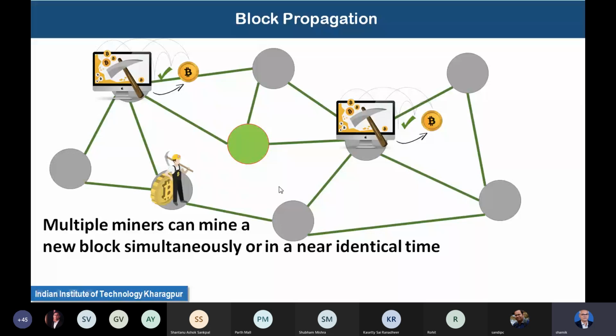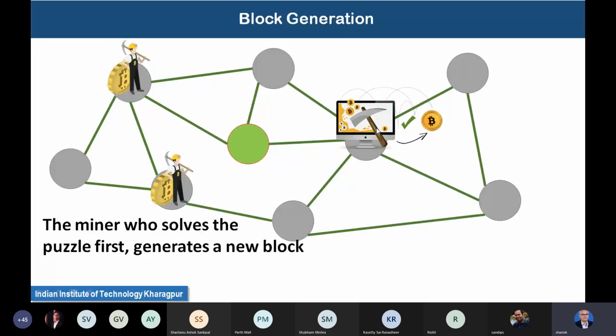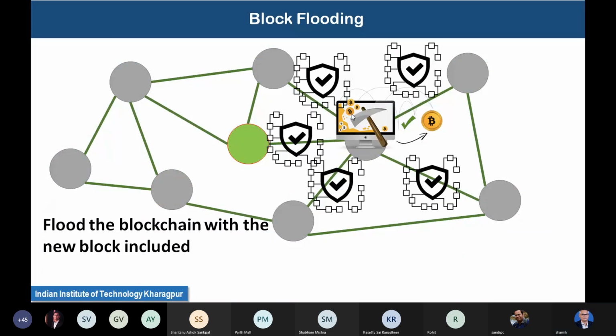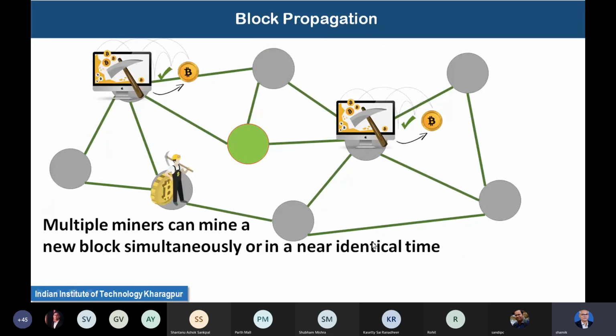Now the question is: we took this example where these three were trying, and this one was the first to mine the block, and then it was flooded. Now there is a possibility that this one could mine the 100,001th block, and this one also mined the 100,001th block, and they did so almost simultaneously.